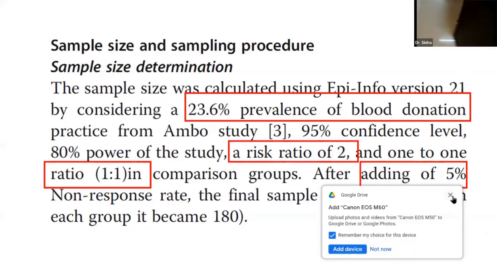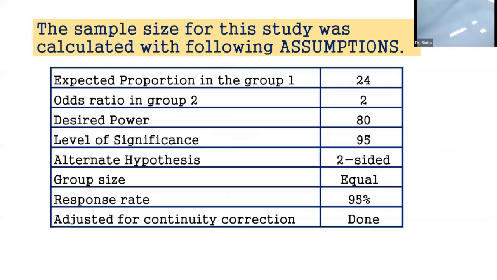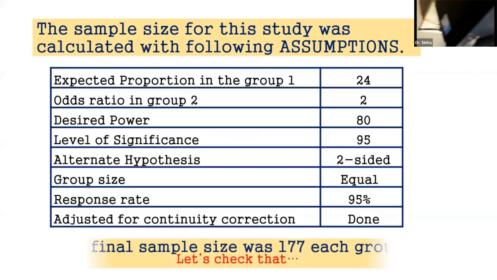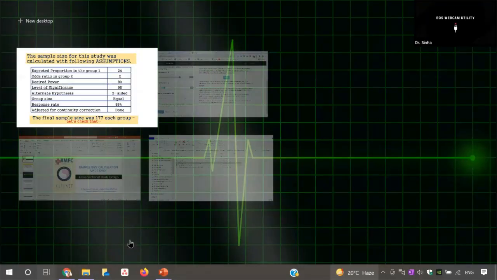So now let's see the sample size calculation. The prevalence was 23.6%, so I will take it as 24%. So let's go to the statulator. I have reset this.